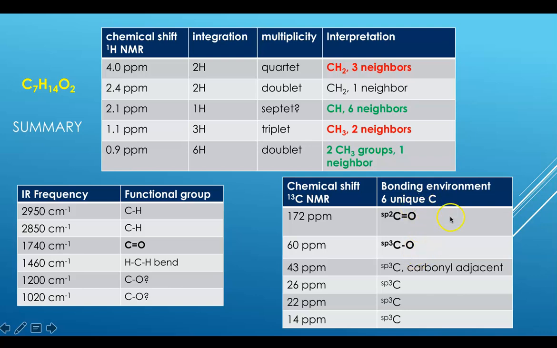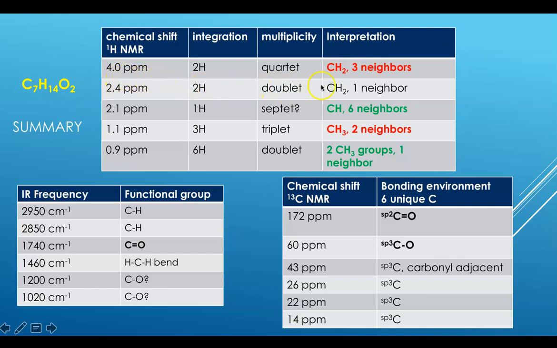So we are likely looking at an ester here. And then this carbon, of course, which is fairly downfield as well in that sp3 range, is probably that carbonyl adjacent carbon.